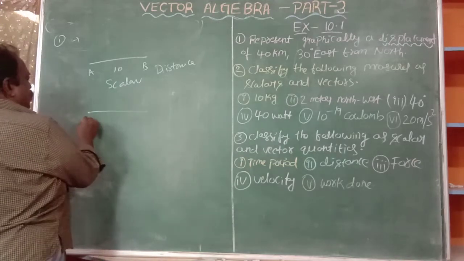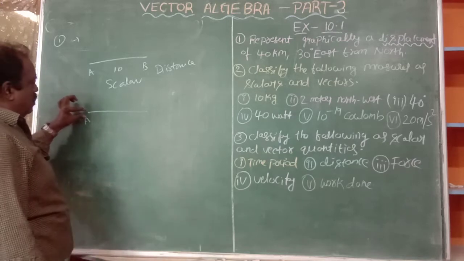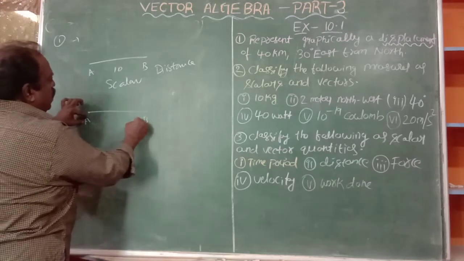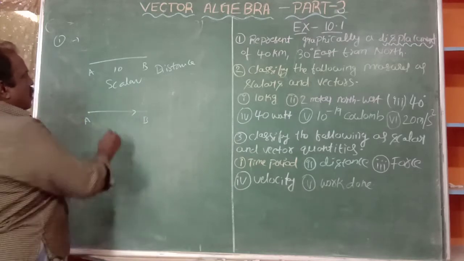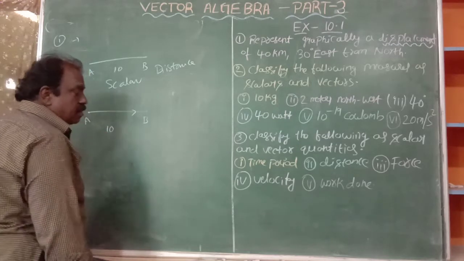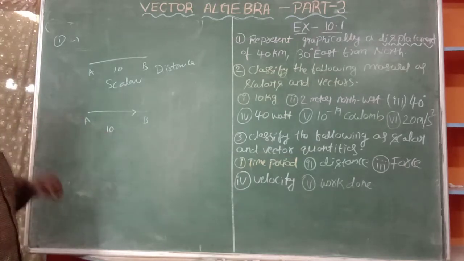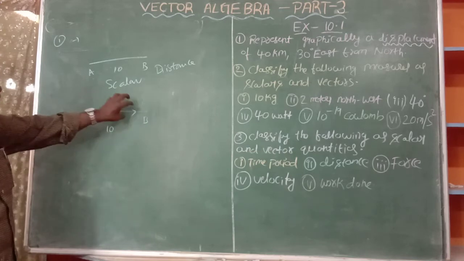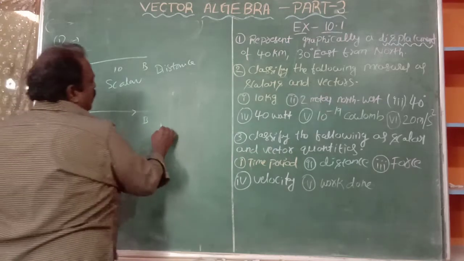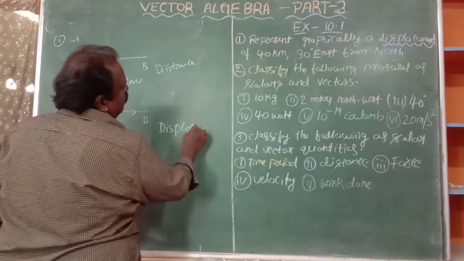Displacement means a body starts its motion from A to B. It starts from A and reaches B after some time, covering a distance 10 units. Here distance is there and direction also is there. This is displacement.